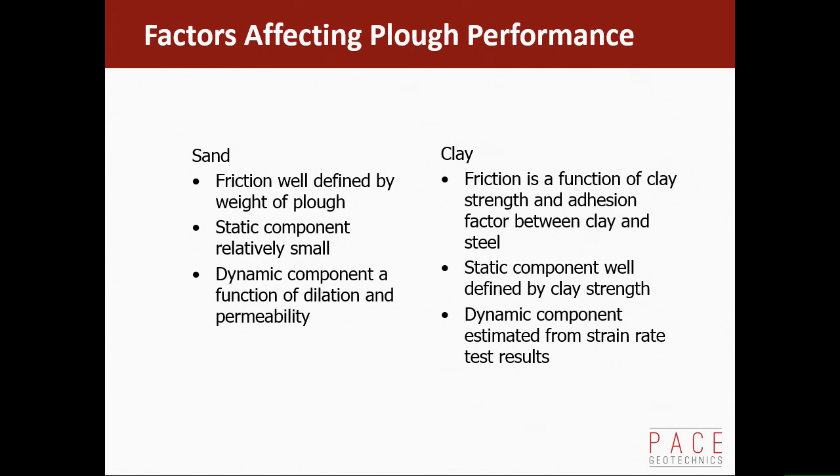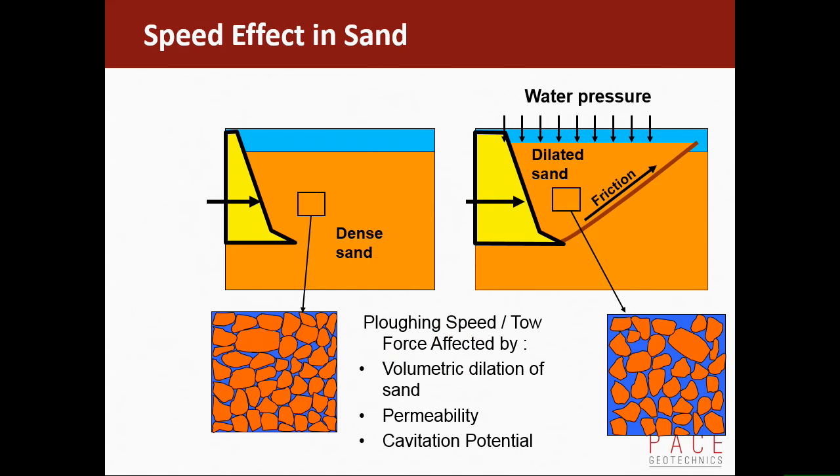The big problem we have with ploughs and sand is estimating this proportion, the dilation and permeability of the sand, and the reason for that is, if we look at the speed effect in sand, when you've got the sand particles tightly packed together, when they shear, they're trying to move apart. That gap is opening up in the sand mass, in front of the plough share.